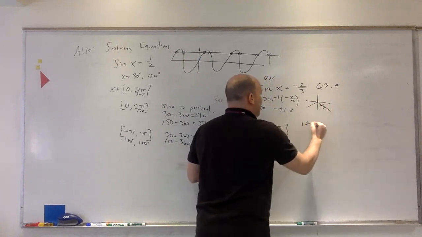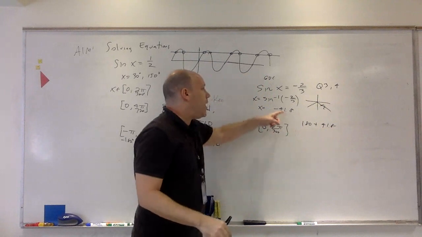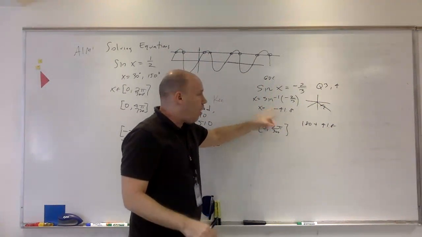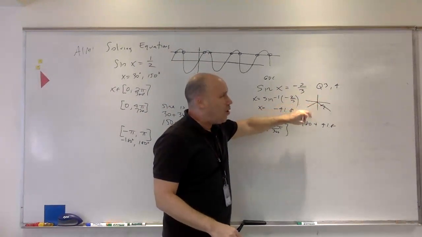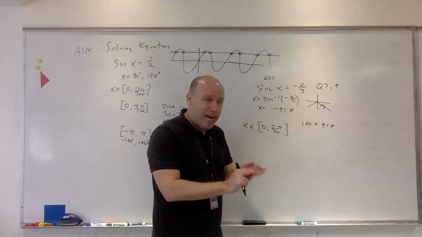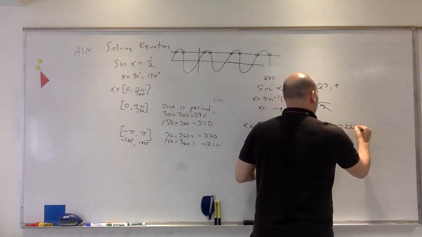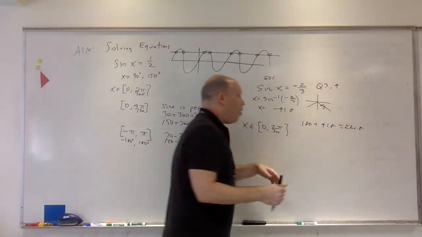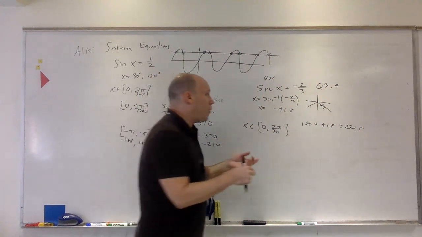So it's 180 plus the 41.8. Once again, this is the reference angle. So the angle in the 3rd quadrant, whose reference angle is 41.8, is 180 plus 41.8, which is 221.8. And we're looking for the 4th quadrant angle, whose reference angle is 41.8.